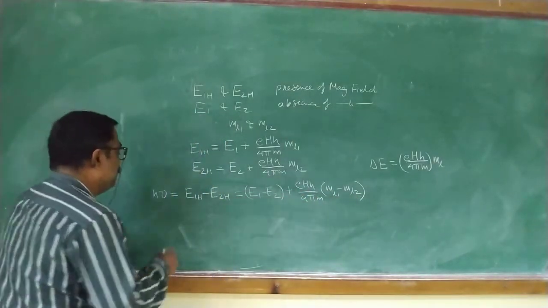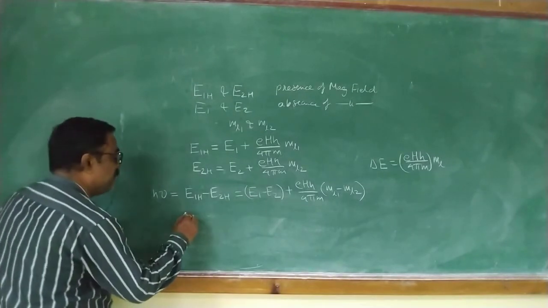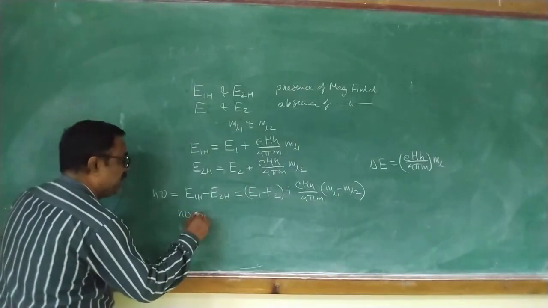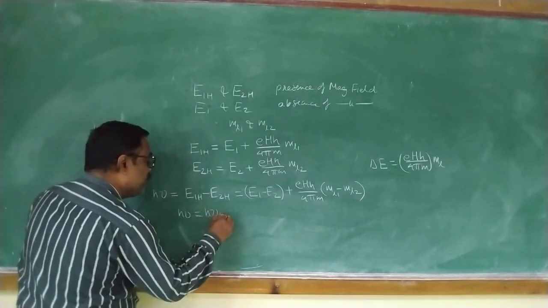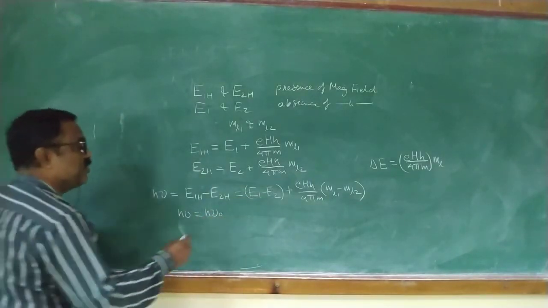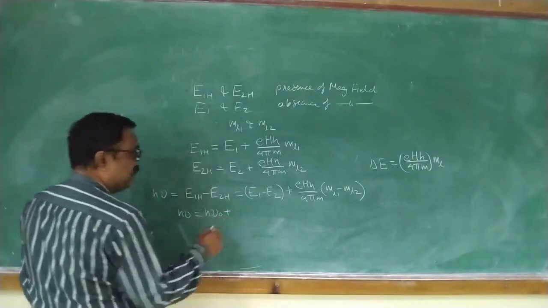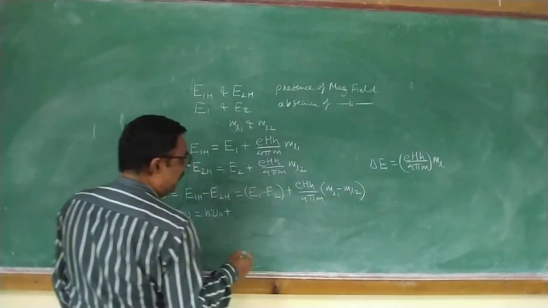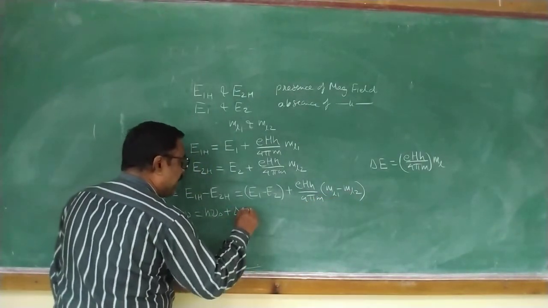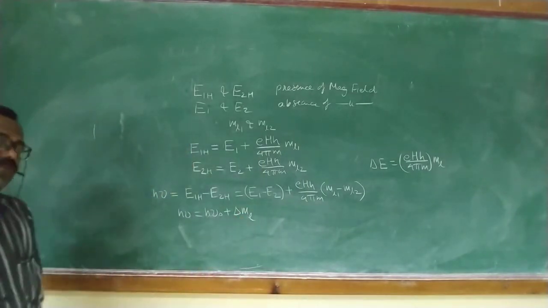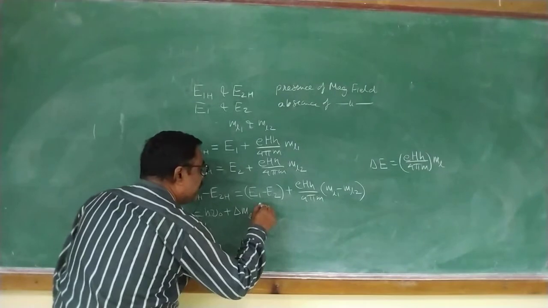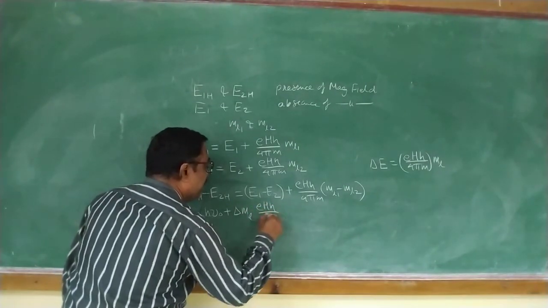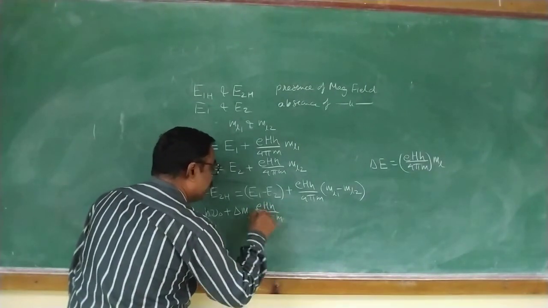Now this is equal to, h nu will be equal to the original frequency h nu 0 plus, ML1 minus ML2 we call delta ML, the change in magnetic quantum number, times EH by 4 pi m.